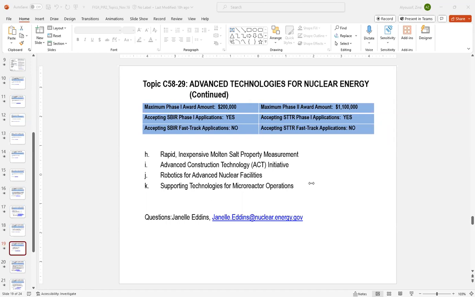There's also a question: is there any order of importance for priorities for 29H? No, I don't believe there is a priority. They're all necessary. Are applications responsive only if they measure molten salt in an active use reactor, or also pre-ignition, during maintenance, and or during decommissioning?